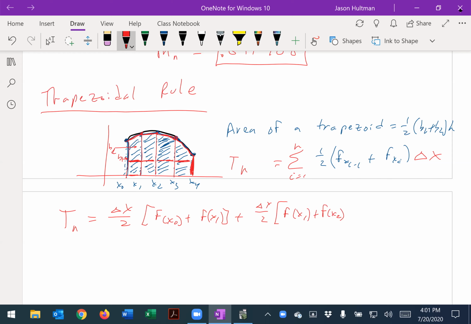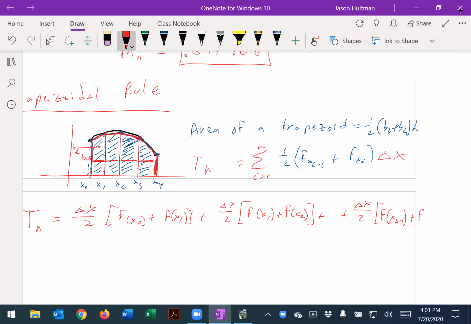And so we go all the way up to n trapezoids, to f of x sub n minus 1, plus f of x sub n.